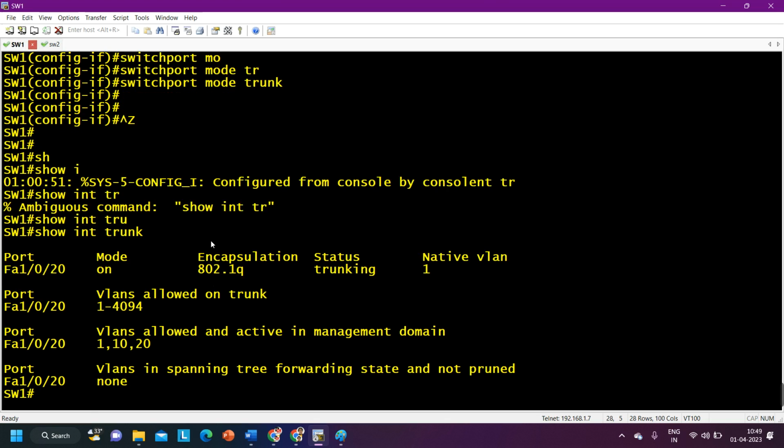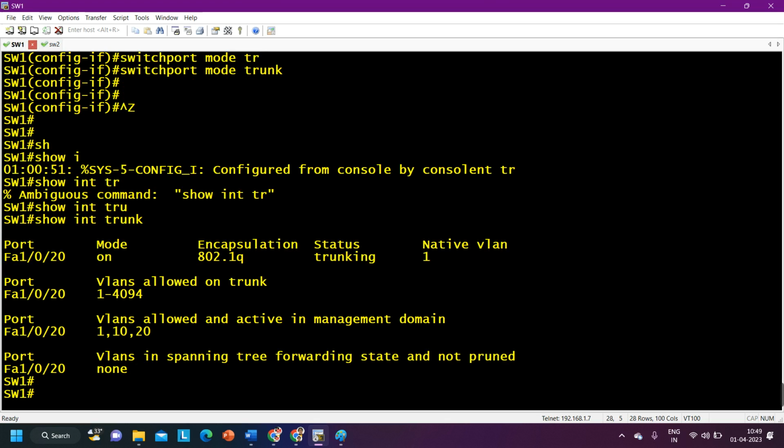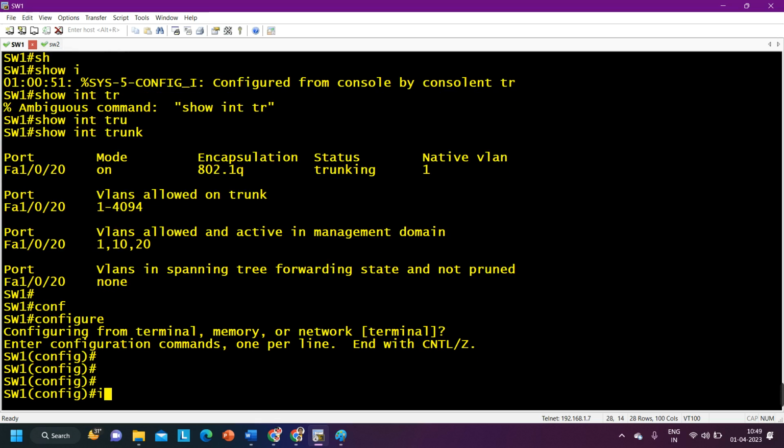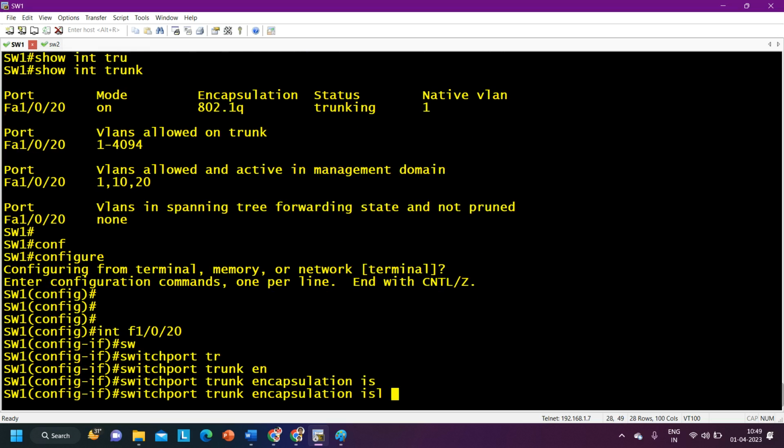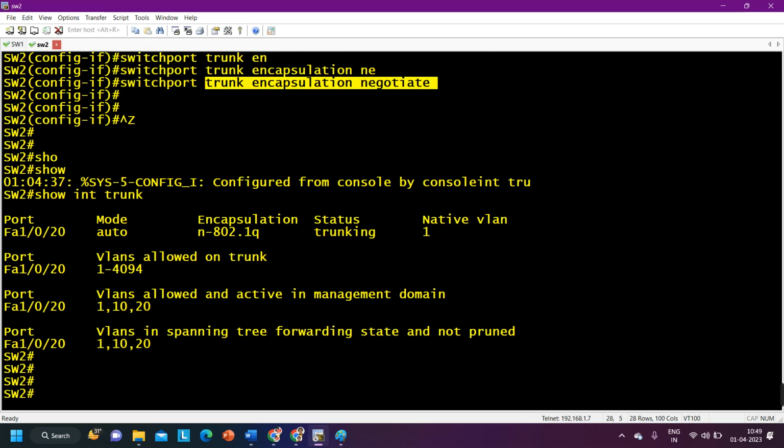That means on switch number 1, if I configure the encapsulation protocol as ISL, switch 2 is going to negotiate it. Let me do interface f1/0/20, switchport trunk encapsulation isl.